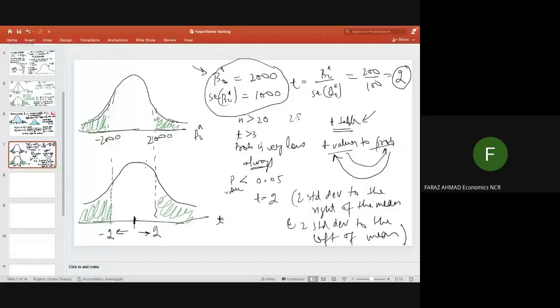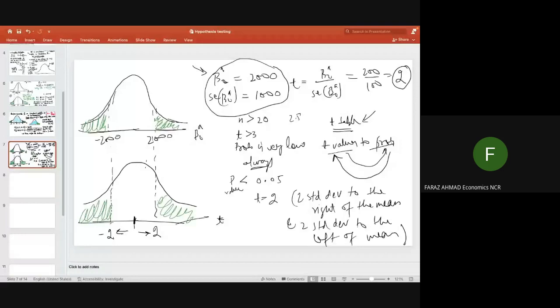So we understand how far we are going from the mean. The mean is here in the center, and we are going 2 standard deviations to the right and 2 to the left, and then we are referring to the area under the tails, which is the green area, right?